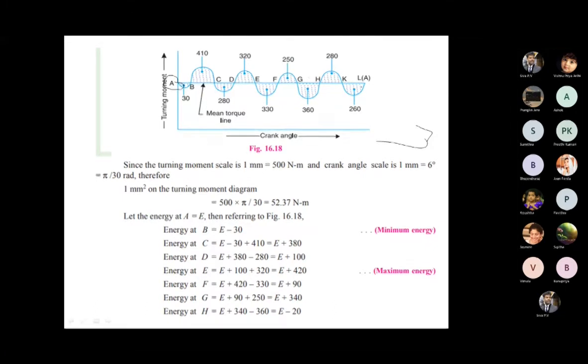The central line is the mean torque line. Above and below the mean torque line, it is called fluctuation of energy variations. Since the turning moment scale is 1 mm equal to 500 Newton meter, as the question itself gives, listen carefully.